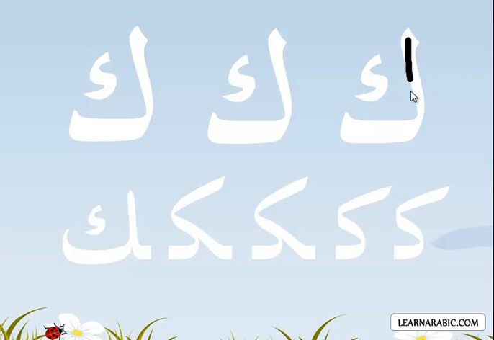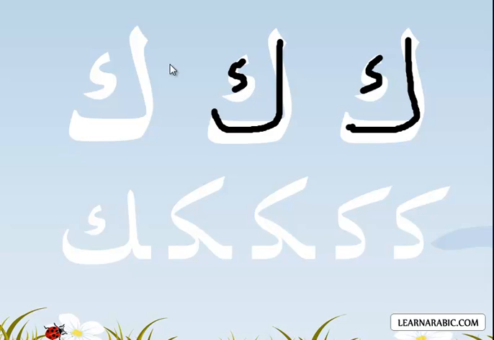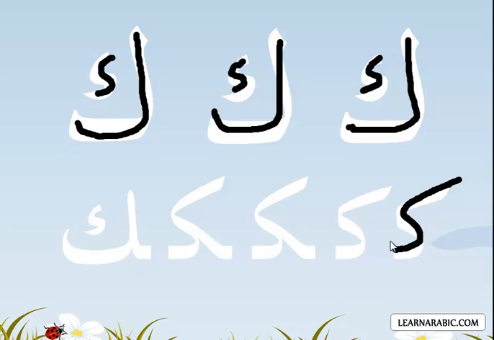Next we have the letter kaf, which is like this, and a squiggle that looks a bit like an S. And again, like that, and once more in its isolated form like this. Now when it forms part of a word, we see there's a slight change, and this is really to allow the next letter to be written.